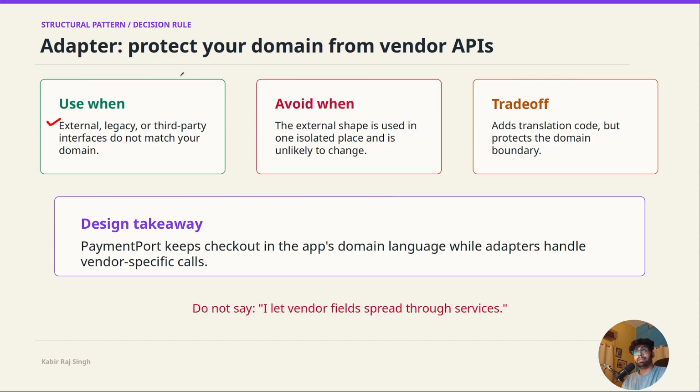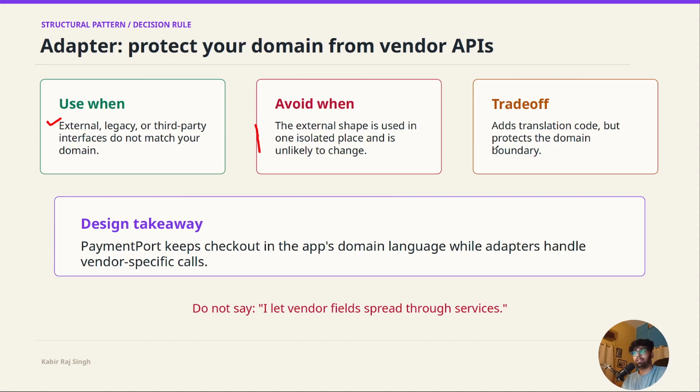The pressure is mainly interface mismatch, when vendor details are spreading throughout the domain code. Avoid it when the integration is tiny, because you don't want to over engineer things. Translation layers have a cost of maintainability, and of writing as well, so avoid it in those situations.